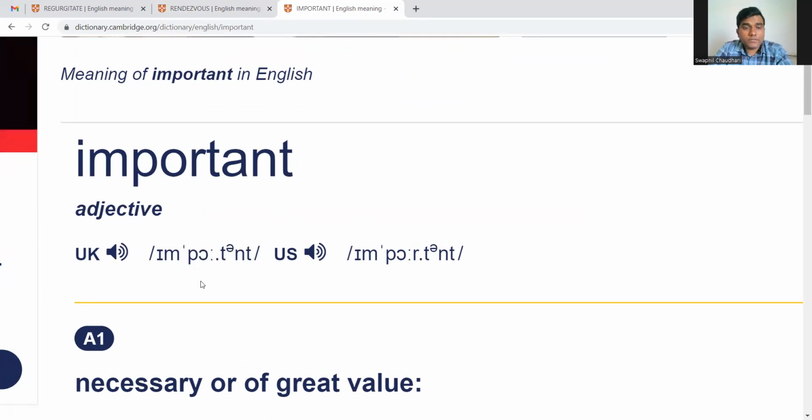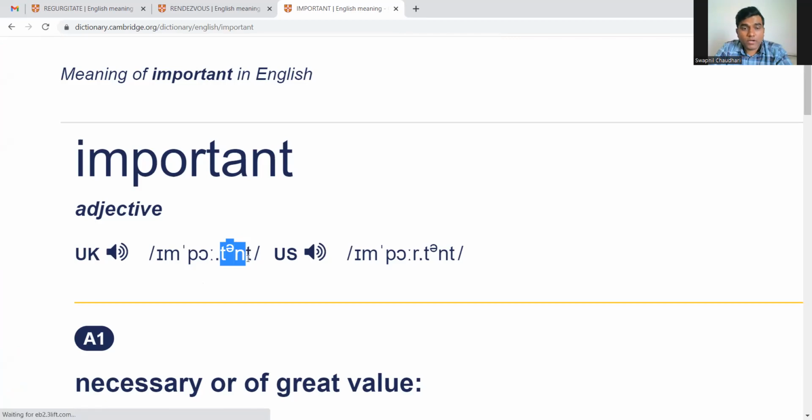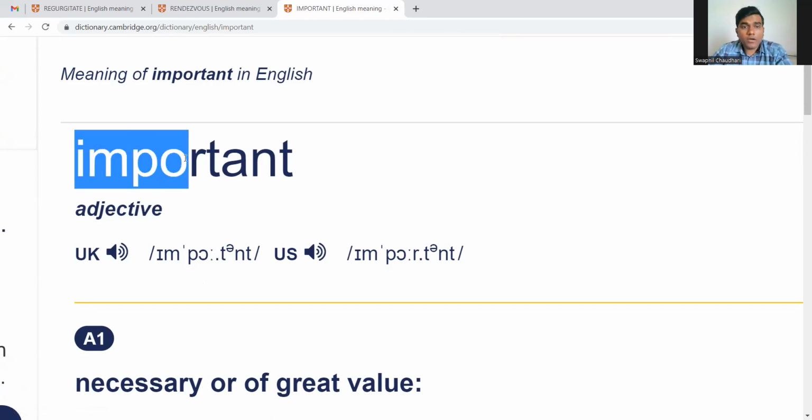So that is im-por, and then we have tant. Important. Where does this word break? It breaks only at this place, only one breakdown.